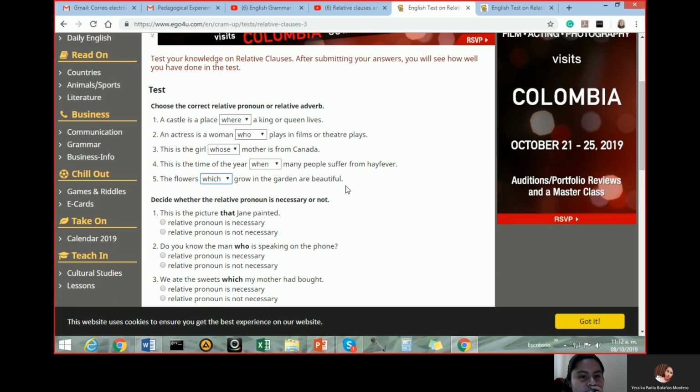But now we go to translate the sentences. Number one. Okay, teacher. ¿Un castillo es un lugar donde un rey o una reina vive? Very good. Number two. Una actriz es una mujer quien... we can apply "plays" as "trabaja."